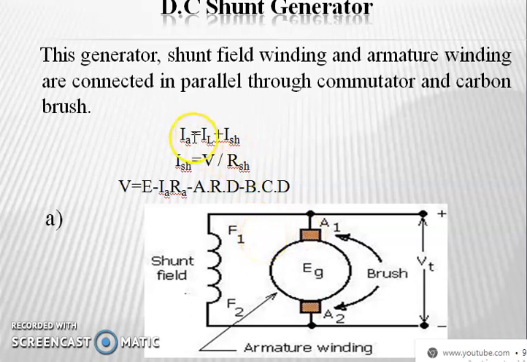As I mentioned, the armature current Ia is equal to the load current plus the shunt current, where the shunt current is equal to V by Rsh. Rsh is the resistance of the shunt winding. So the equations are as shown in the figure. Why is it called a shunt generator? Because the field winding is in parallel with the armature winding.